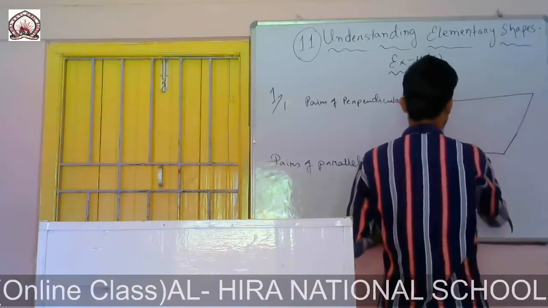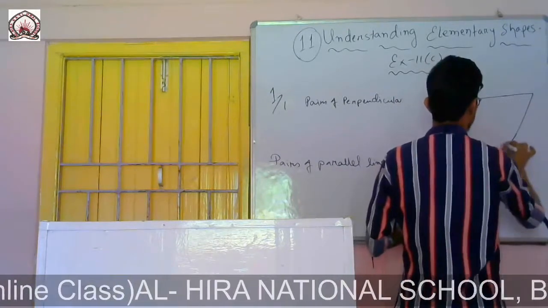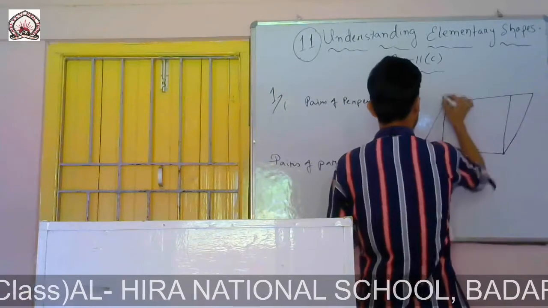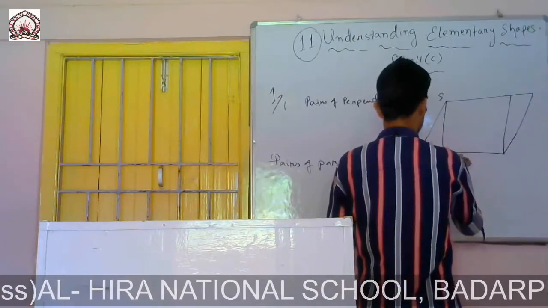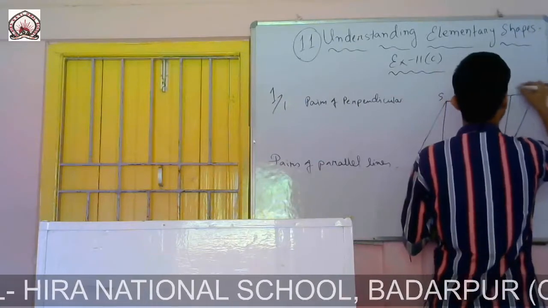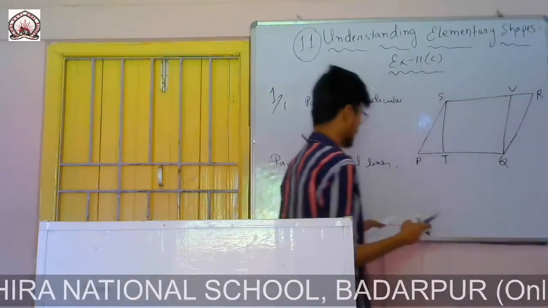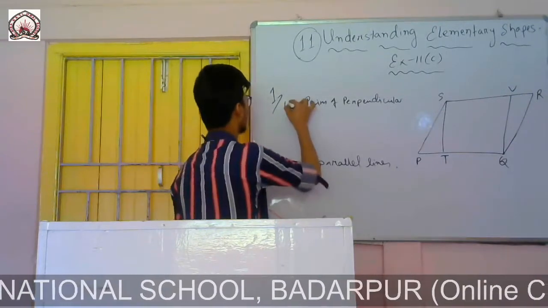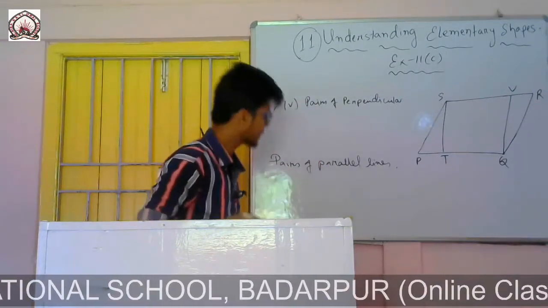So there are perpendicular lines. Let me name this P, S, P, T, Q, R and V. So the question is to find the pairs of perpendicular lines and parallel lines.